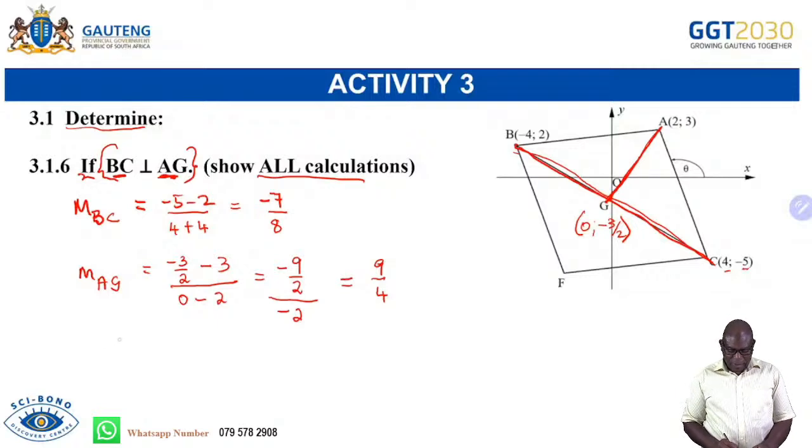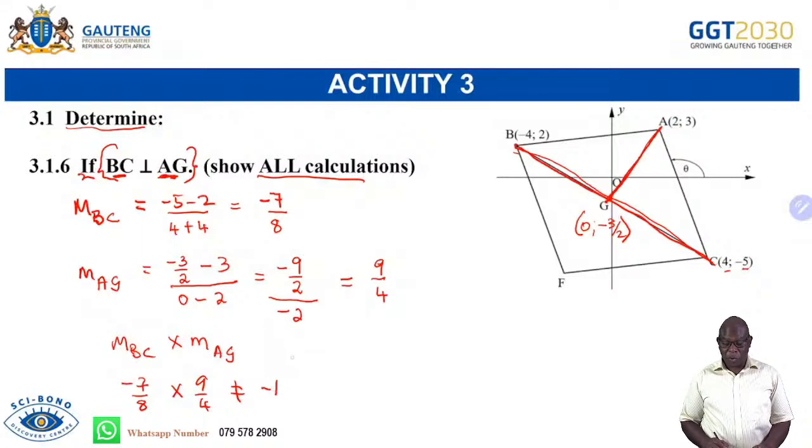Now I can see that the gradient of BC times the gradient of AG is -7 over 8 times 9 over 4. And this will never give us -1.